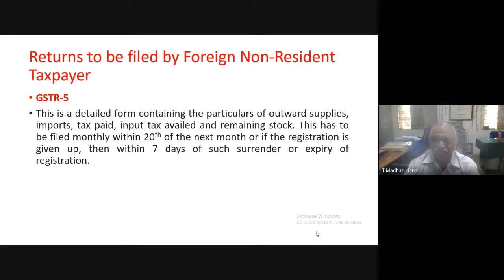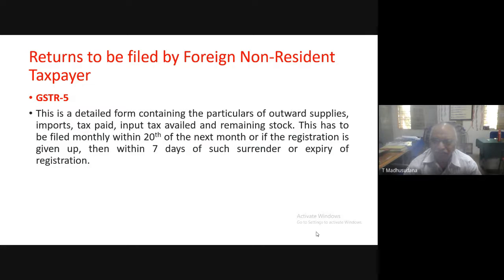So in GSTR 5, outward supplies details, imports details, tax paid details, input tax availed details, and closing stock details are all made available.